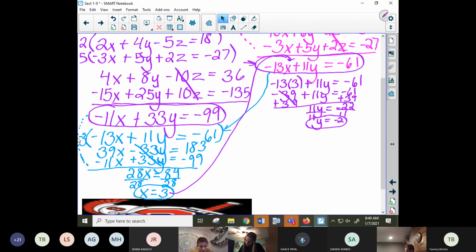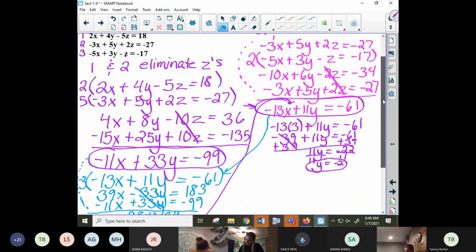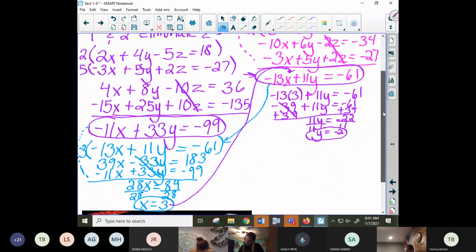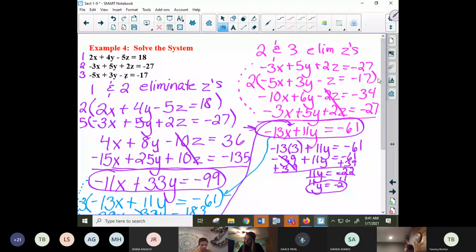Now, what I'll do last is go up to my original equations, pick one of them, and substitute in my x and my y so that I can solve for z. I'm going to pick this top equation, but you could pick any of the three.